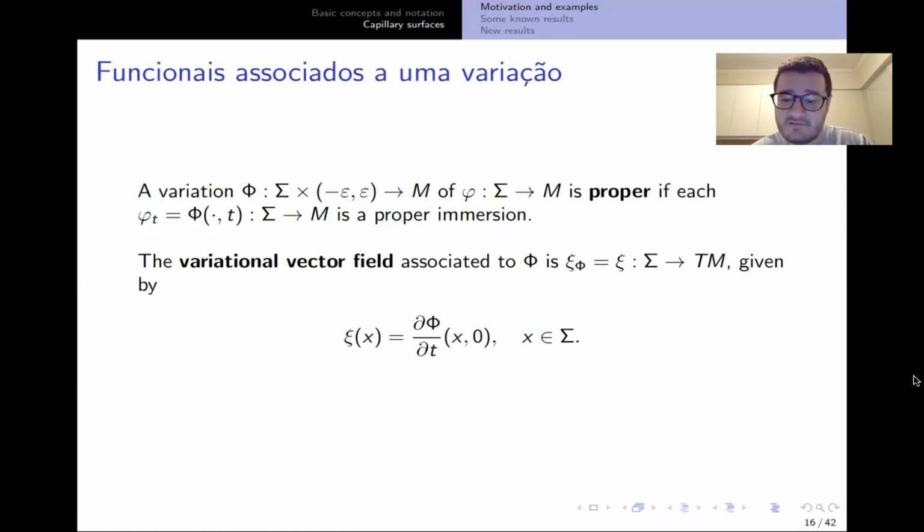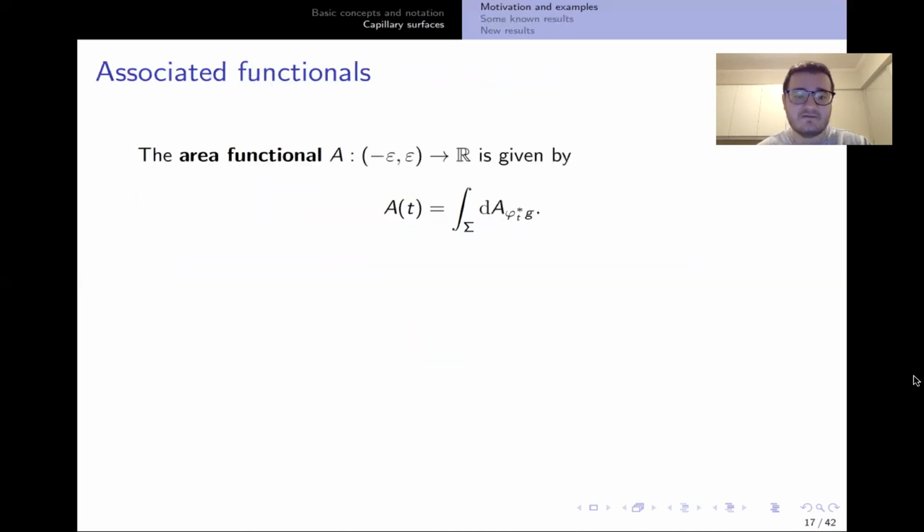So this is a vector field on sigma along the immersion phi. Phi is always fixed.